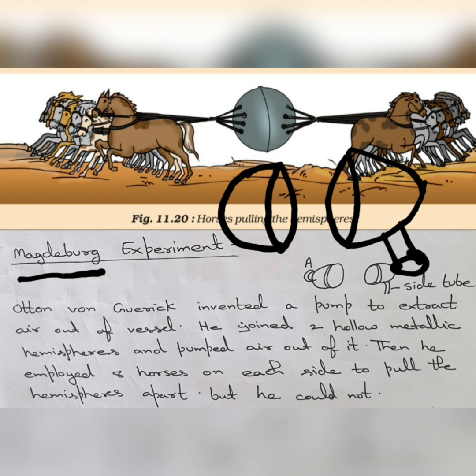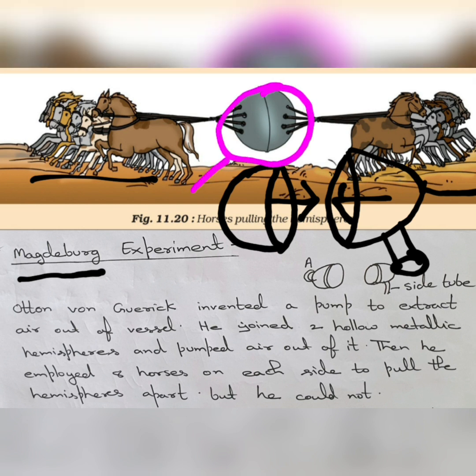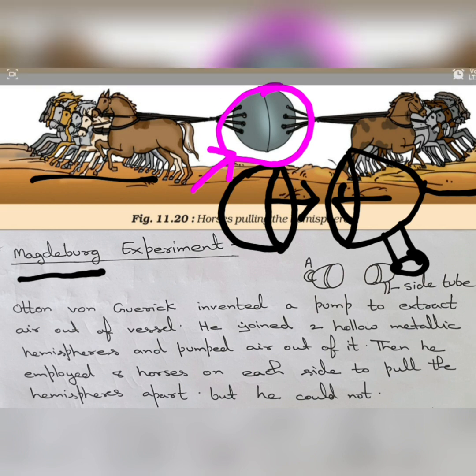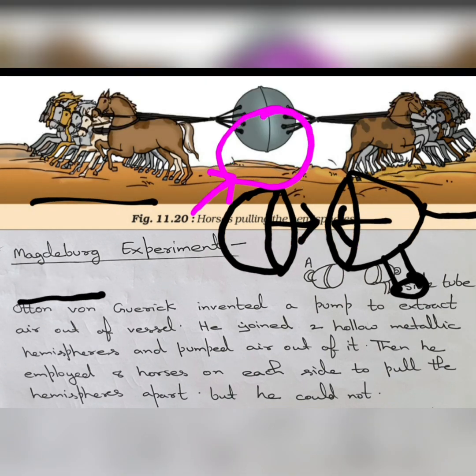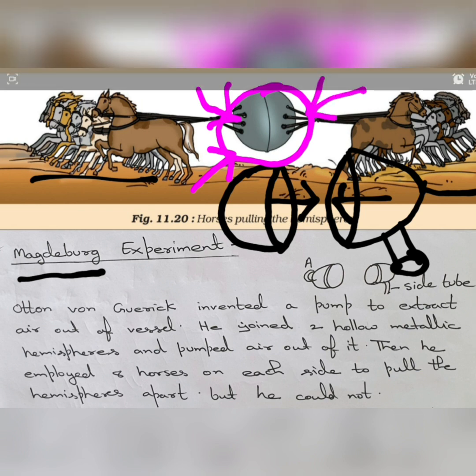He joined these two hemispheres together and employed 8 horses on both sides. What he found was that these 8 horses could not separate the hemispheres, because very low pressure was there inside the hemisphere and the very high atmospheric pressure outside was not allowing the hemispheres to be separated.